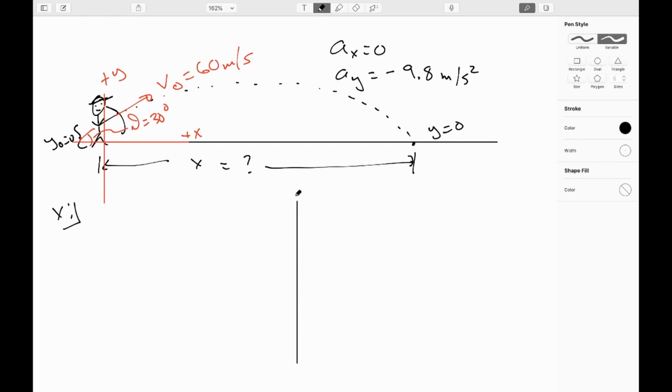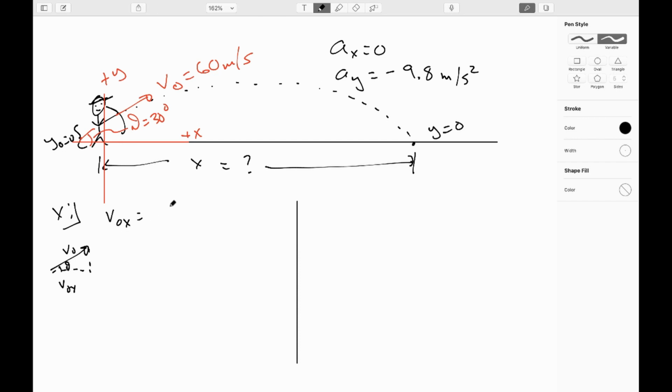First off, we realize before we even get to this that we're going to have to figure out what v0 x is. We kind of have it already. We drew in there's my v0. So this piece right here would be v naught x.